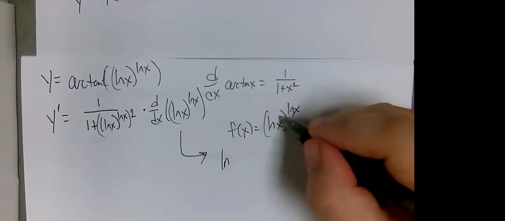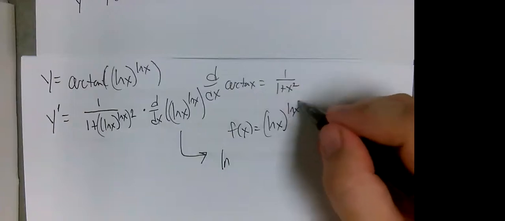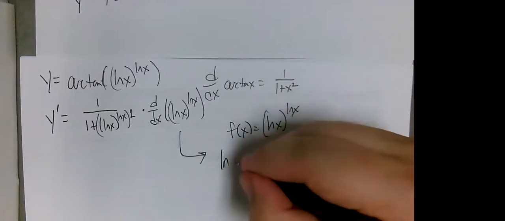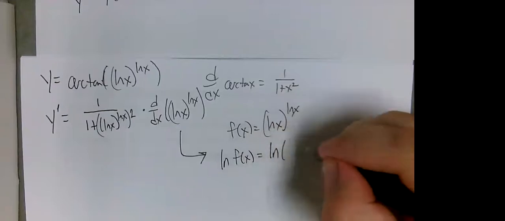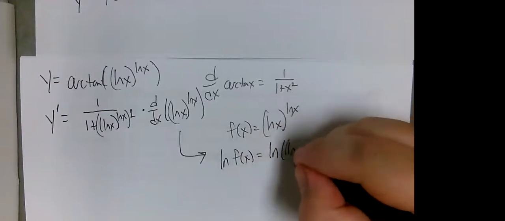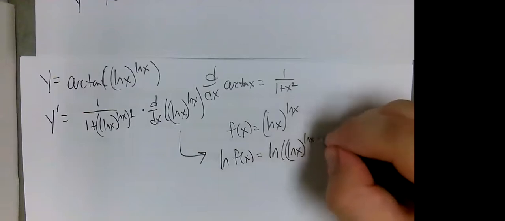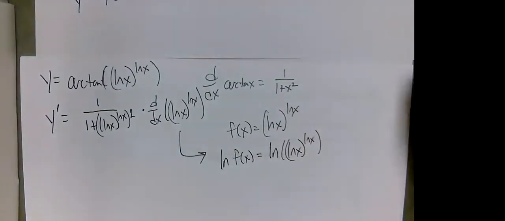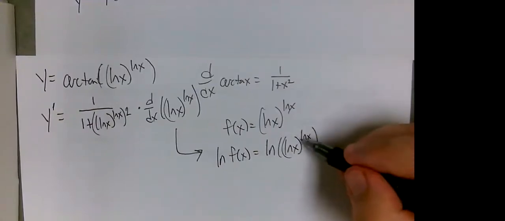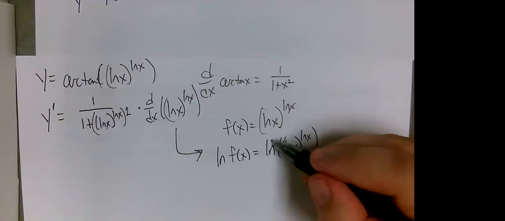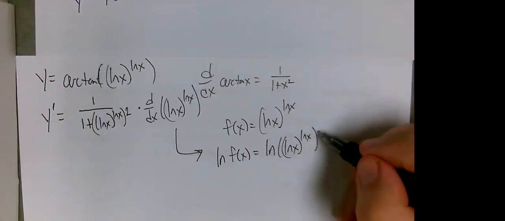Right now we have something with a variable raised to something with a variable. So we're going to use logarithmic differentiation. I'm going to take log of these logs here. Okay, now we need to pay close attention here. We're going to really push our log rules to the limit. This log is a power inside of this log we just got.